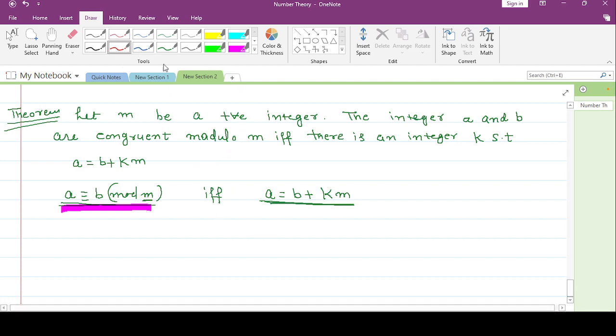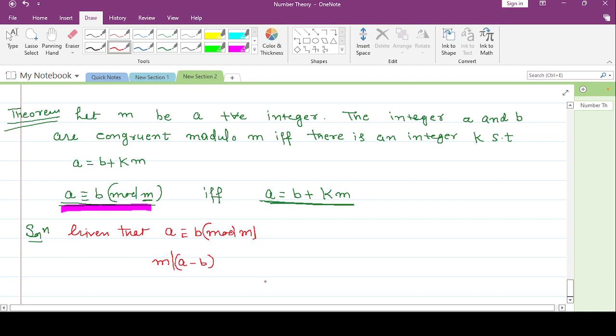Now we see the solution of this. It is very easy. Given that a is congruent to b modulo m, what is the definition? It means that m divides a minus b. This is the definition of congruence.